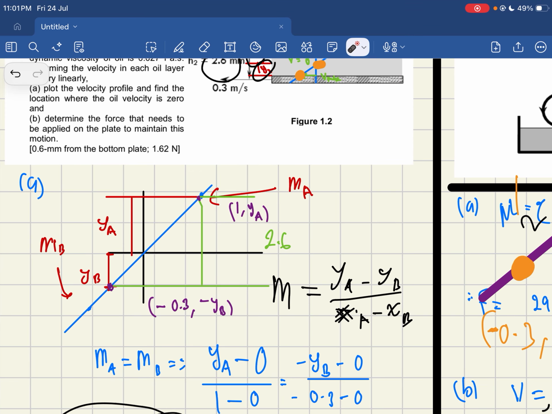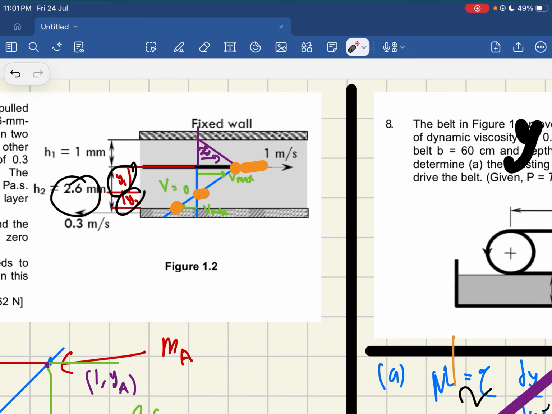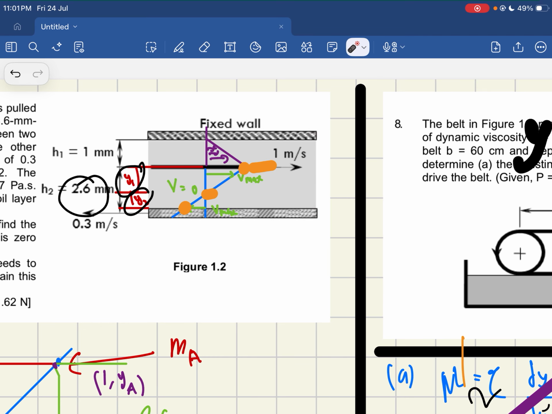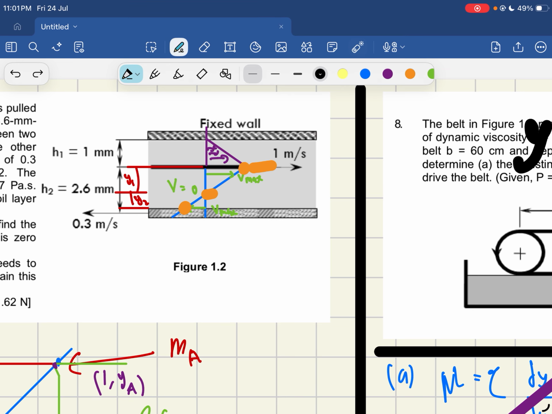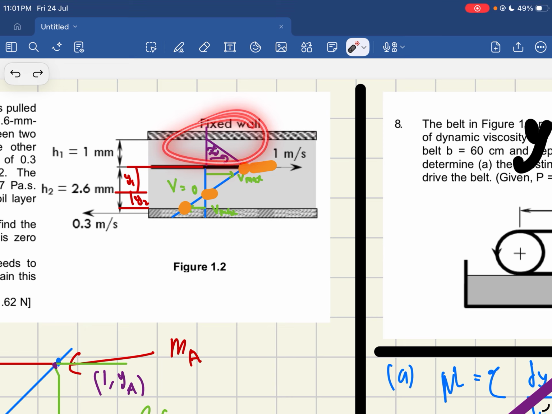So question B: determine the force that needs to be applied on the plate to maintain this motion. We know that viscosity shearing stress will have a shear force, and in here the shear force happens at both sides, which is the upper side, because you have a gap of oil, and the lower side.